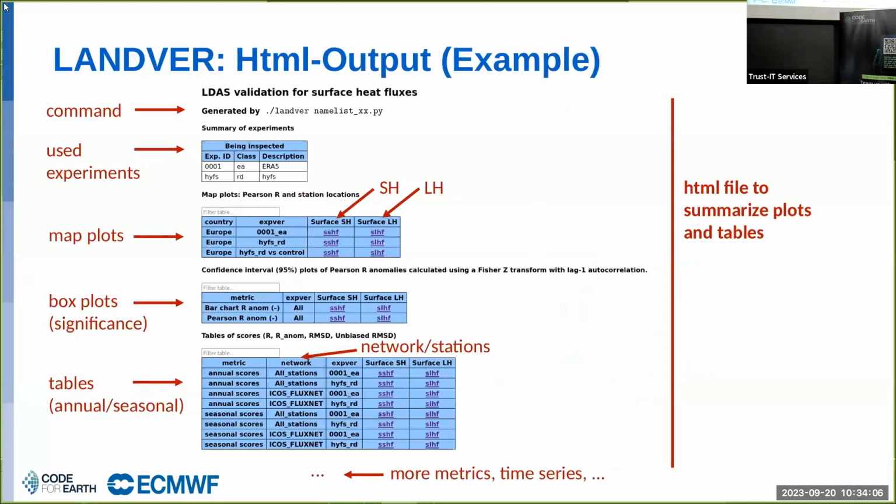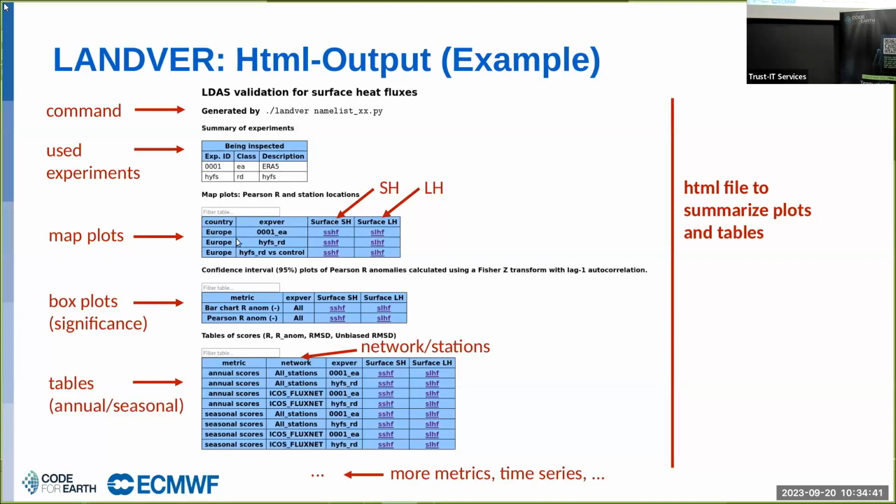And here's an example of this. So you can see that it's summarized in several tables. And you can see, for example, the command which you use to call the validation. Then there's a summary of the used experiments, for example, here ERA5 and the hydrological forecasting system. And then the summary of the validation metrics starts. And here, for example, you see map plots. So then we have one column for sensible heat flux and one for latent heat flux.